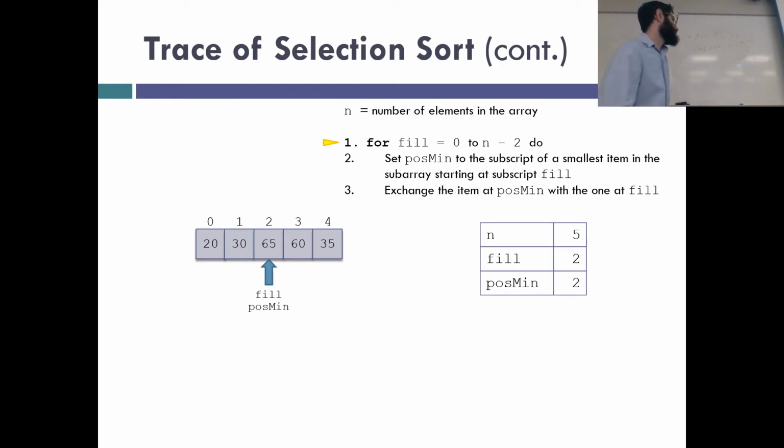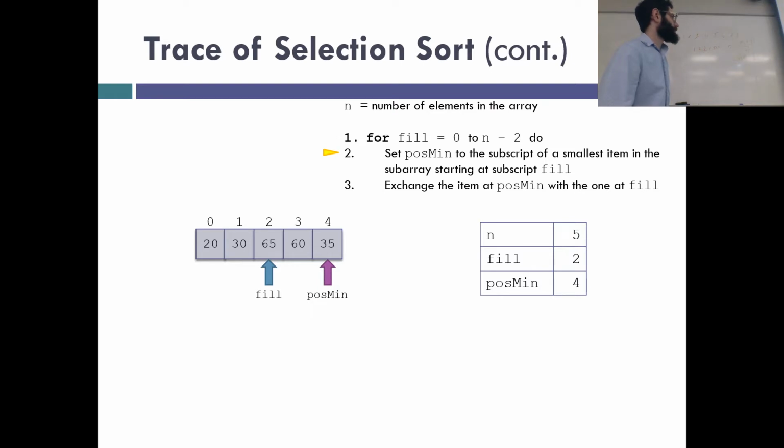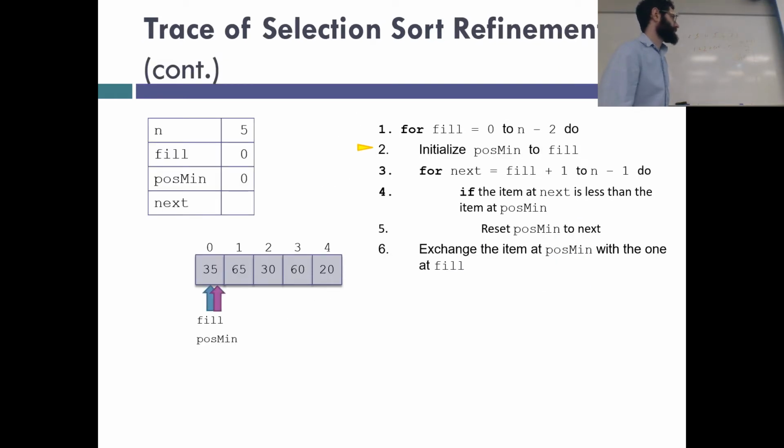Then it's n, then n minus 1, then n minus 2, then n minus 3, and so on. So find 35, then 60, then 65. And here it just breaks it down further, finding everything and then swapping it in. It's a very simple algorithm.